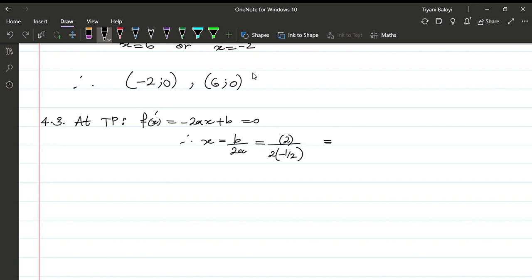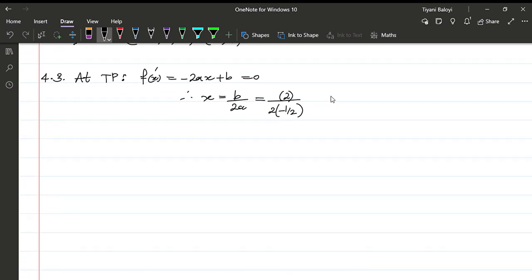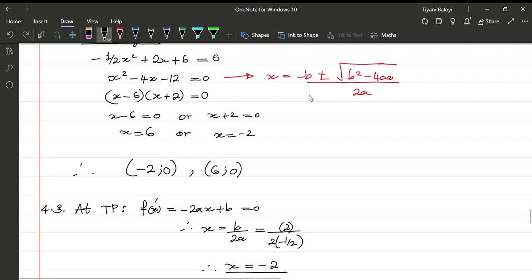Let me see. So this will be minus 2, and then you divide, you get a positive. I'm trying to see if I'm not making mistakes, because I don't want us to go back when we make mistakes and then realize that we messed up somewhere.